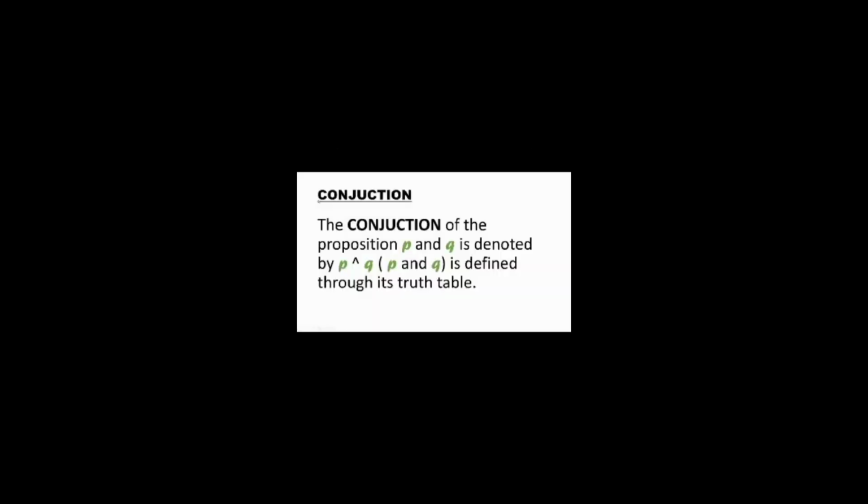Conjunction. The conjunction of the propositions P and Q is denoted by P ∧ Q. As we read, P and Q is defined through its truth table. So we have P and Q. For P we have true, true, false, false, and for Q we have true, false, true, false.